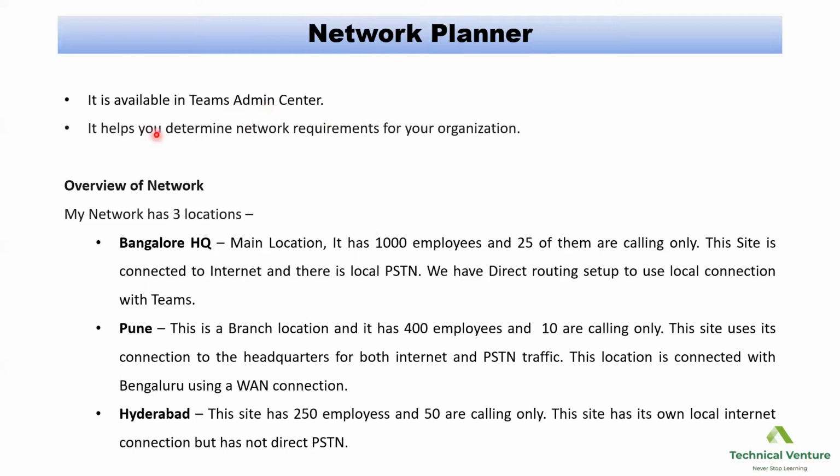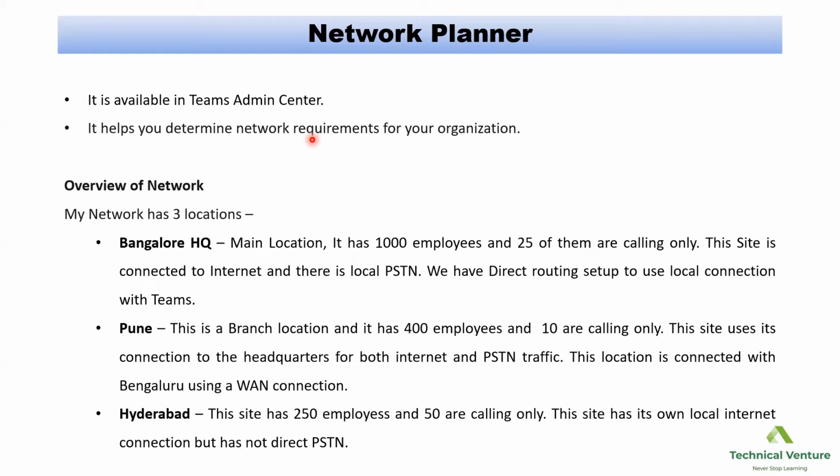Network planner usually helps you determine network requirements for your organization. Let's say you have a 1 Gbps link or a 500 Mbps WAN capacity link, or you have an internet link capacity as well. Let's say that is 250 Mbps or 400 Mbps. Based on the users you have in your different locations, it will let you know how much bandwidth Microsoft Teams requires.